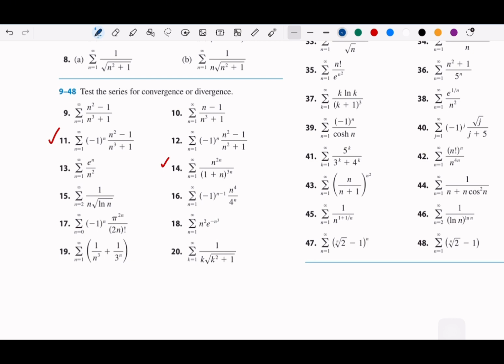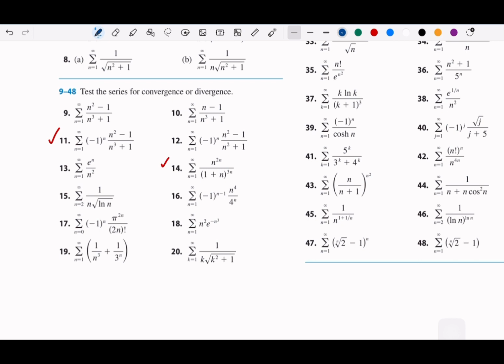Remember, alternating series, the value for the sequence is decreasing, and then you need to make sure that the limit is 0. And how do we know the limit is 0?